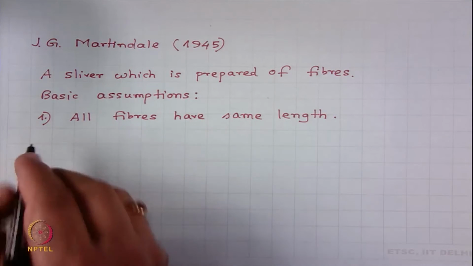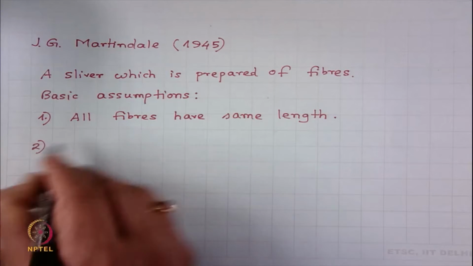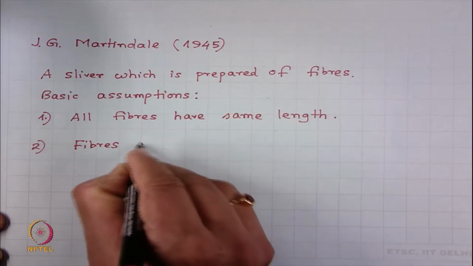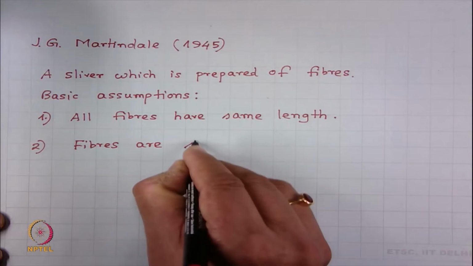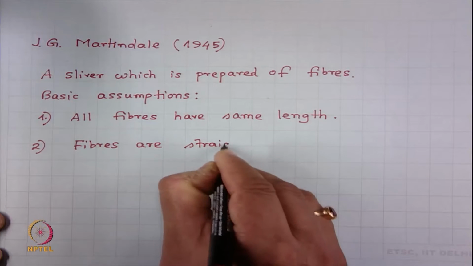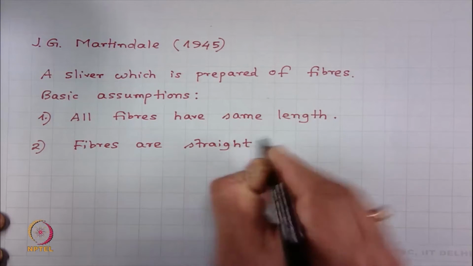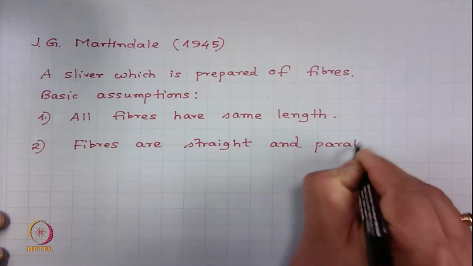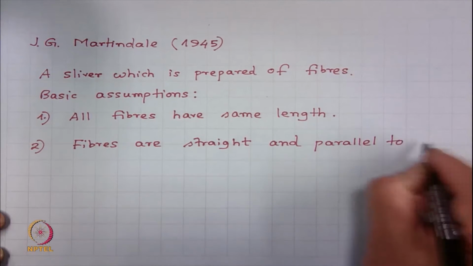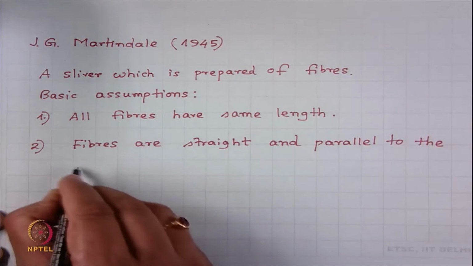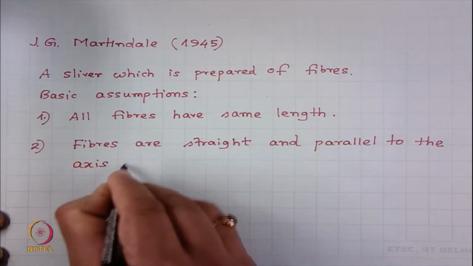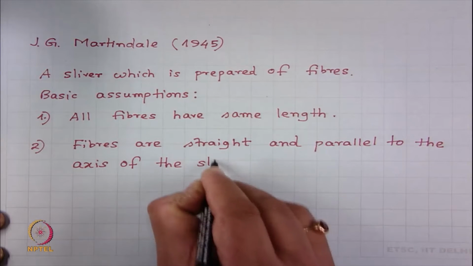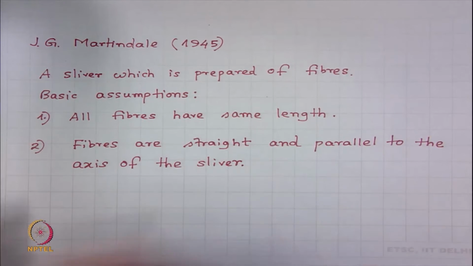Second assumption: fibers are straight and parallel to the axis of the sliver.